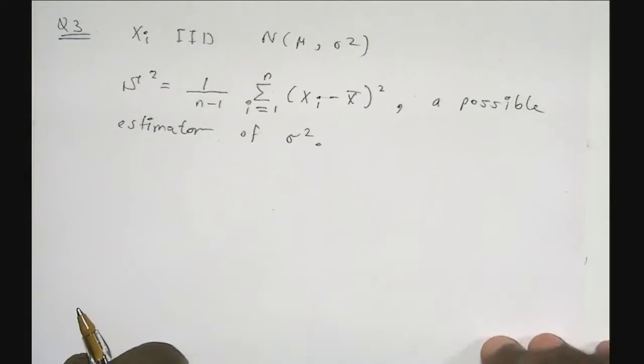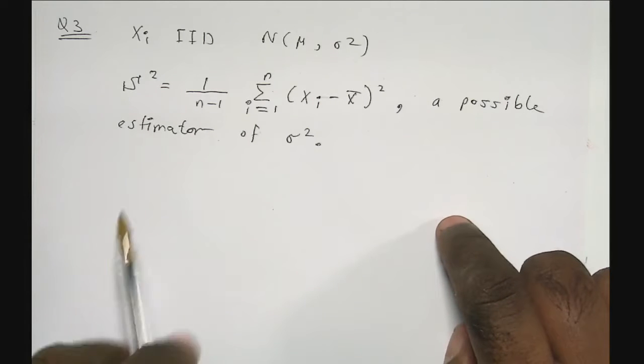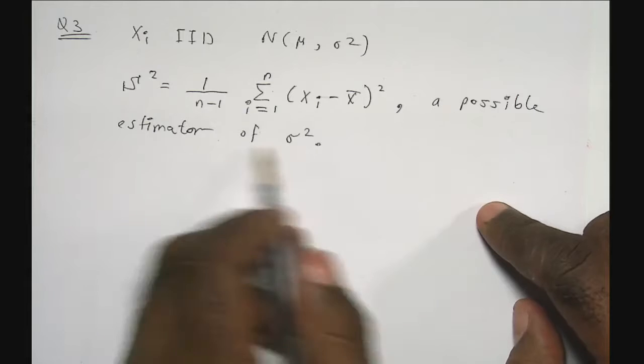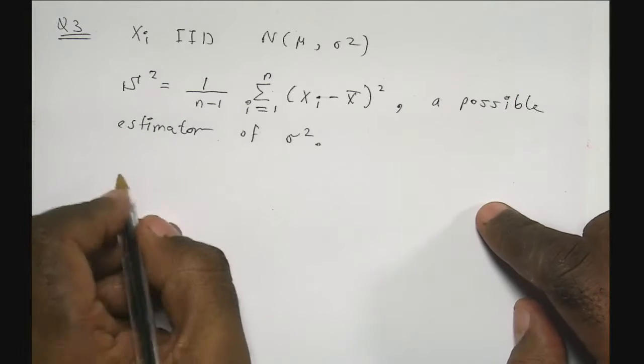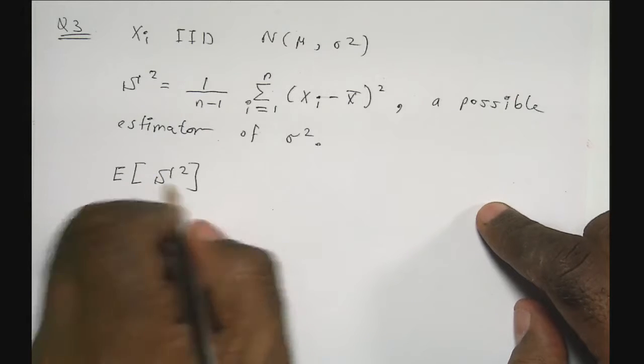Are you listening? I know many of you have already done question 3, so just look at this if you haven't done it. This is a possible estimator for sigma squared. The first part of the question is to find the expected value of s squared.